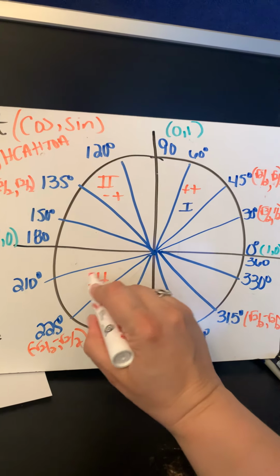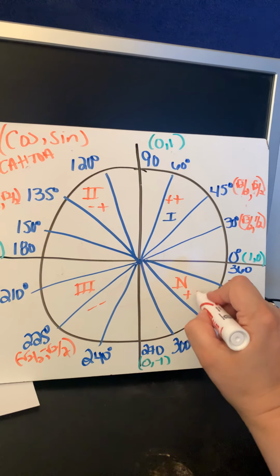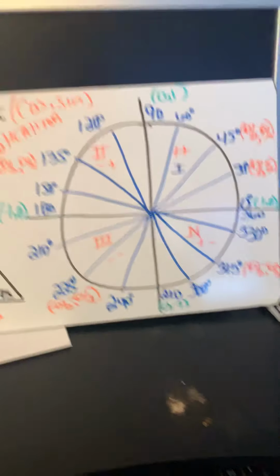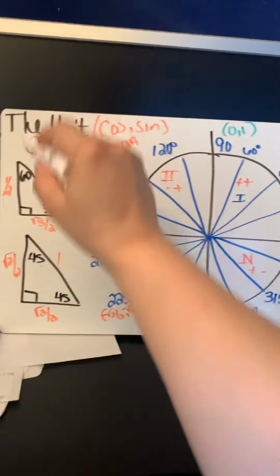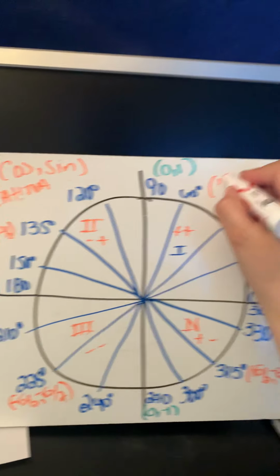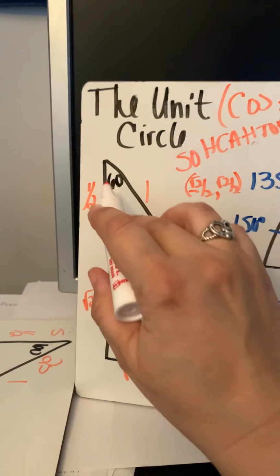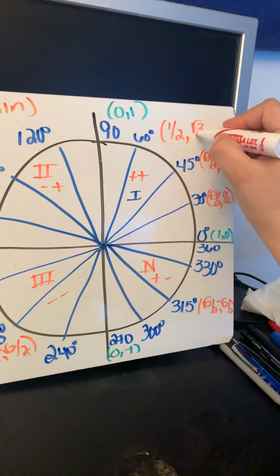Quadrant 3, negative, negative. And quadrant 4, positive, negative. So keep that in mind as we're going around the quadrants. So 60 degrees. Cosine, adjacent over hypotenuse, so you got 1/2. And then sine, opposite over hypotenuse, root 3 over 2.